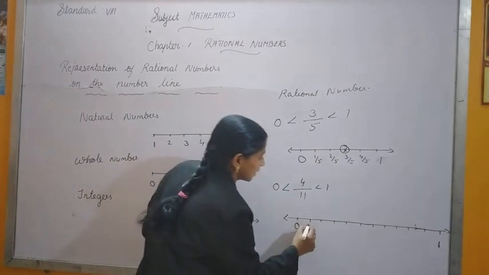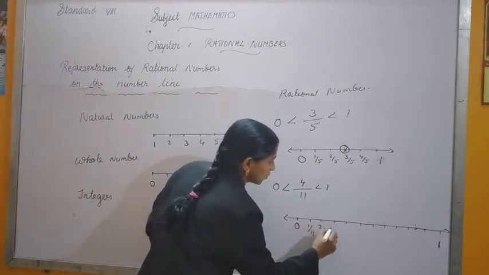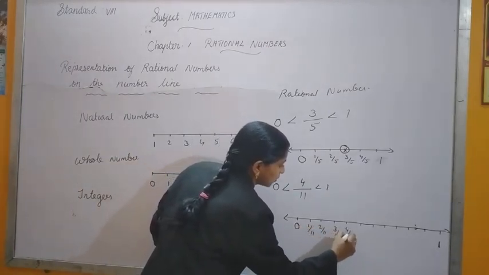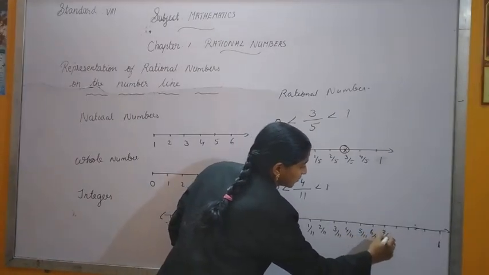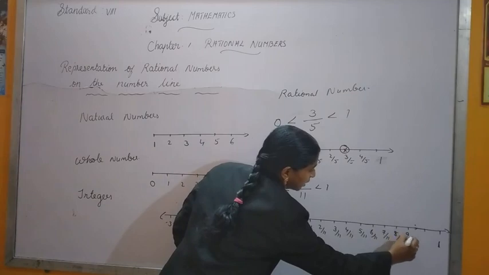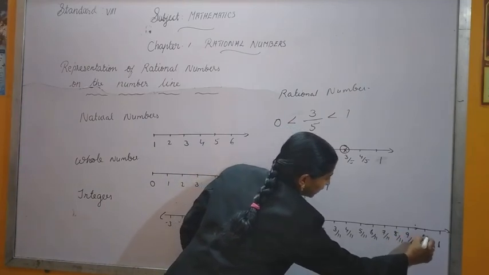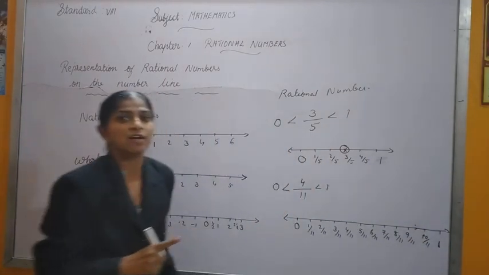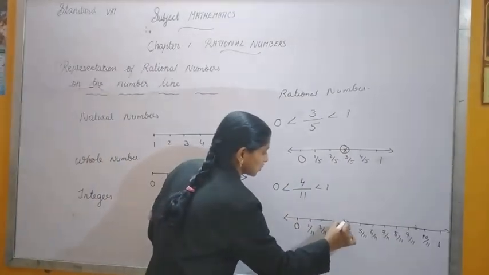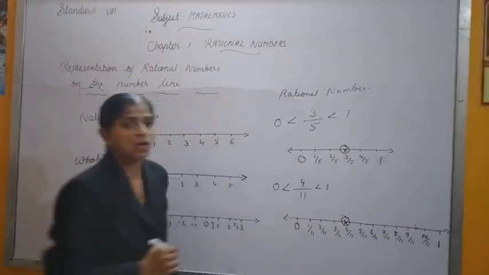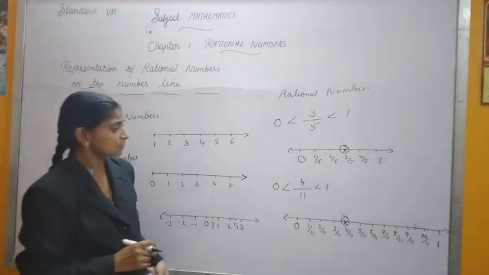And from here you mark 1 upon 11, 2 upon 11, 3 upon 11, 4 upon 11, 5 upon 11, 6 upon 11, 7 upon 11, 8 upon 11, 9 upon 11, 10 upon 11, and 11 upon 11 is equal to 1. So here we should mark 4 upon 11. So you represent 4 upon 11 on the number line.